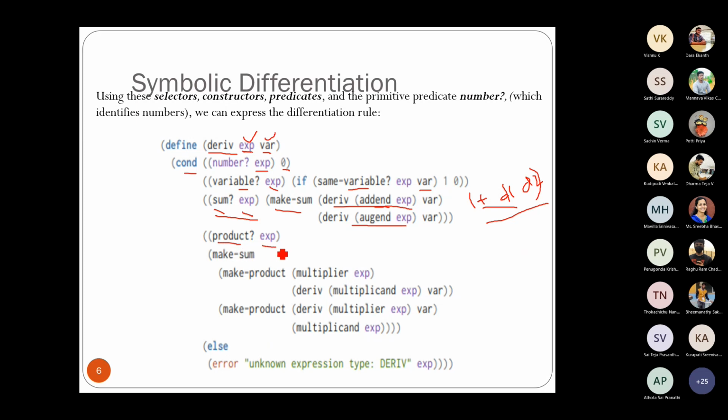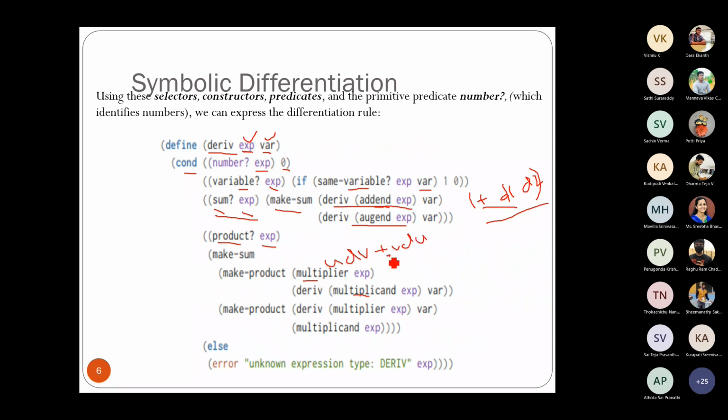It is taking an expression, it is checking whether it is a product or not, and if it is a product, what you are doing inside, multiplier you are extracting and multiplicand you are extracting, right? And then you are applying the formula u into the derivative of the multiplicand, u into dv, and then plus v into du, isn't it?